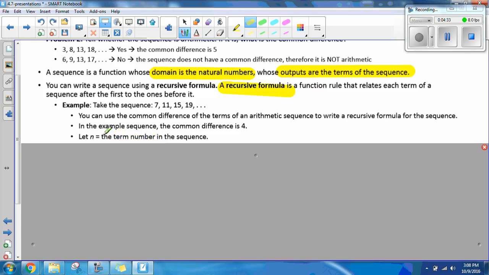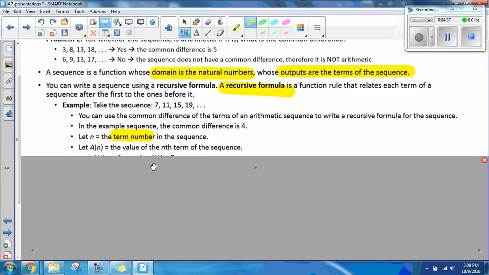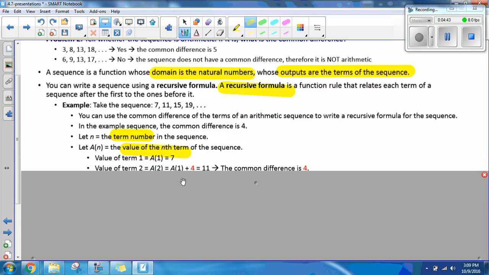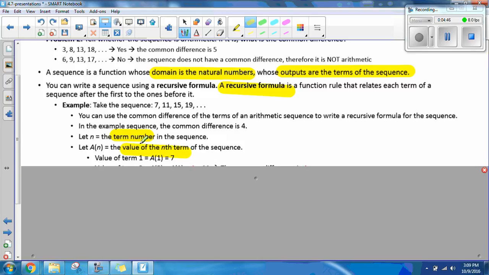The function a of n is the value of the nth term of the sequence. So it's the value of the term. So for example, we have term 1. When n equals 1, the value of term 1, a of 1, is equal to 7.